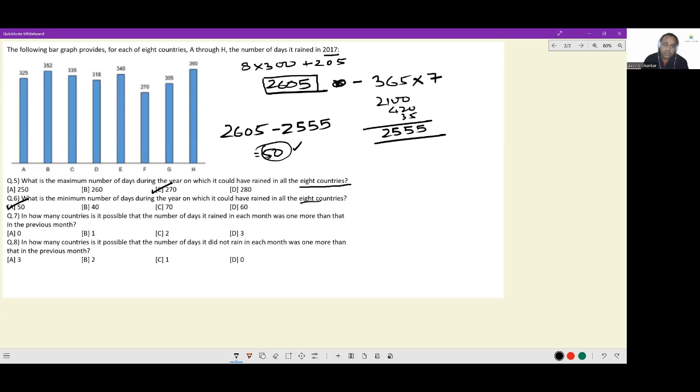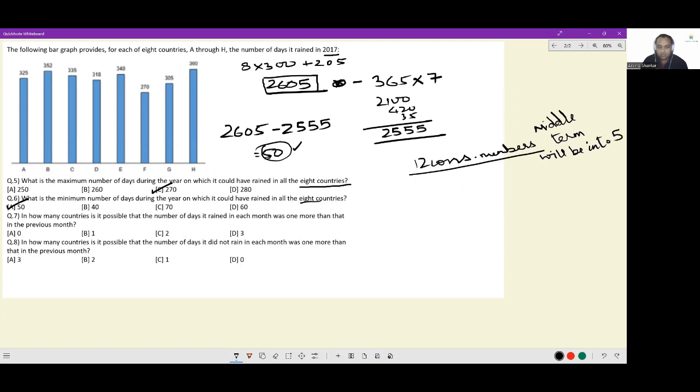Next question. In how many countries is it possible that the number of days it rained in each month was one more than that in the previous month? Now, the way to understand or visualize this is, if I'm looking at 12 consecutive numbers, the middle term will be integer plus 0.5.